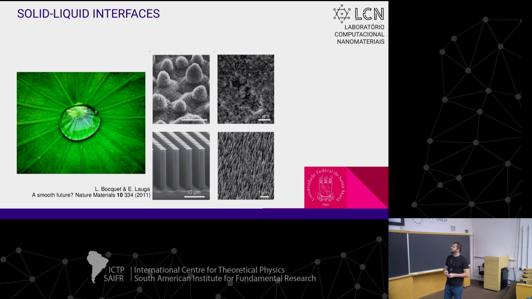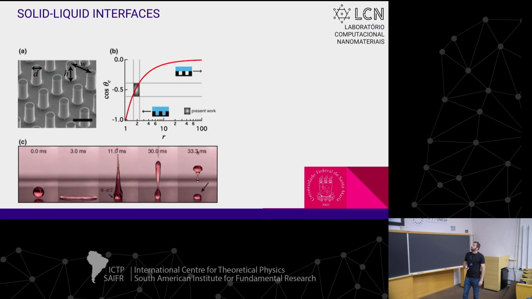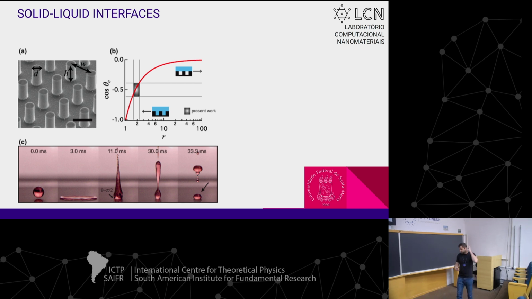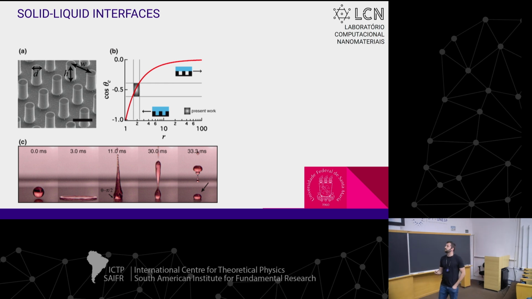It's quite a hydrophobic interaction when we have these pillars. We can even do it in experiments like these, so water would be highly repelled from the surface, and of course this has some nice applications for the coating industry and many other things.